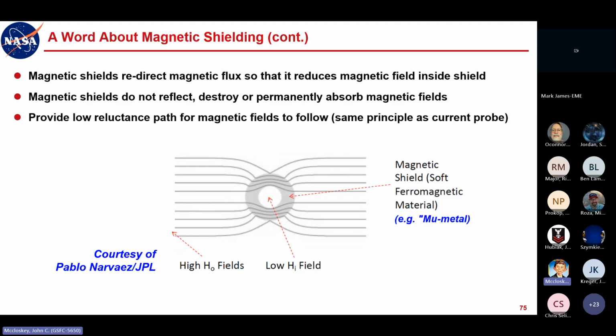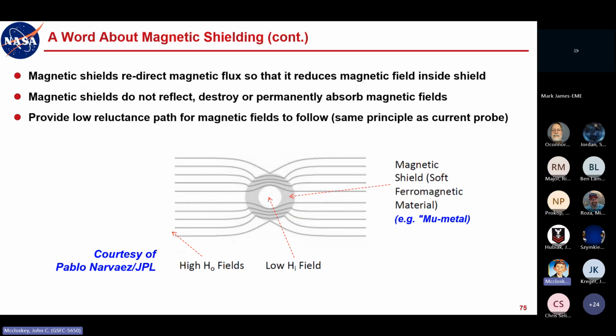If that current is going right in the middle of this circle, going into the page, it's going to generate clockwise flux. So it's going to generate flux going in this direction. And so the magnetic core of the current probe is going to capture that flux, and then it's going to couple through the coil of wire that's wrapped around that core to produce a potential that's what you measure, right? So that's that magnetic core.